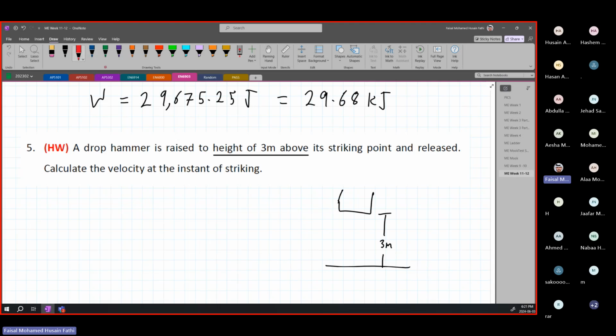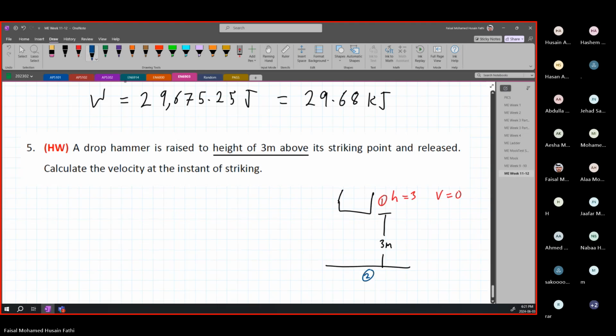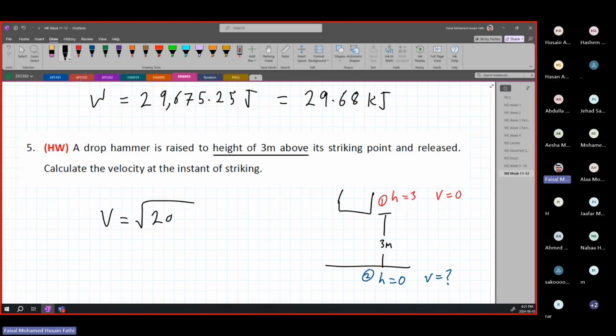So again, if you're doing it phase-wise, in phase 1, your height is equal to 3 and your velocity is equal to 0. And in phase 2, the height is equal to 0, and your velocity is equal to some number that we need to find. You can simply apply the formula, V is equal to the square root of 2GH.